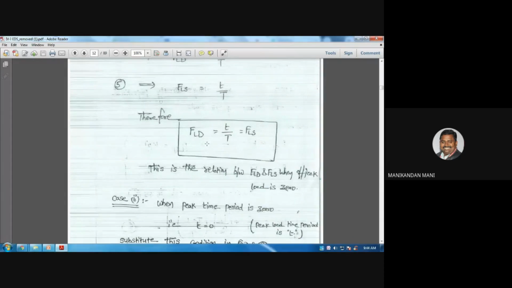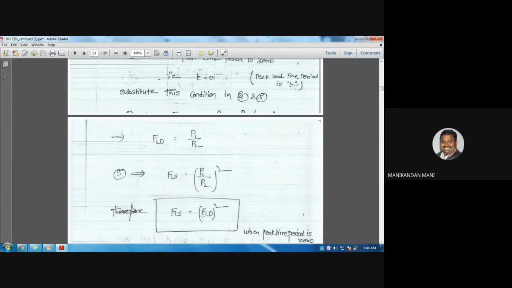When peak load is 0, listen carefully, the load factor is equal to the loss factor. Whenever the peak load is rising, the load factor is not equal to the loss factor.